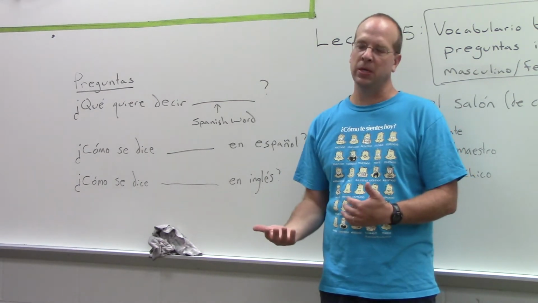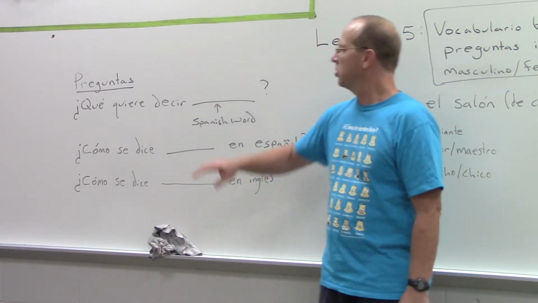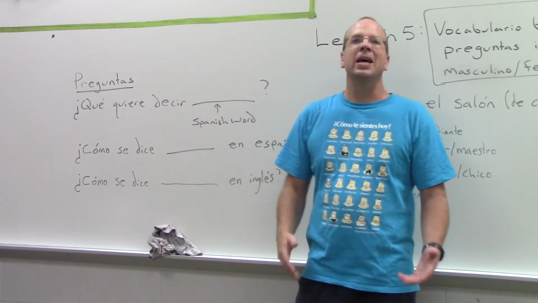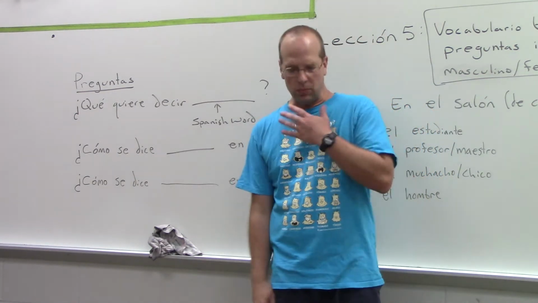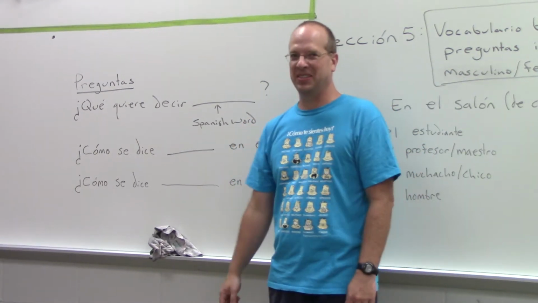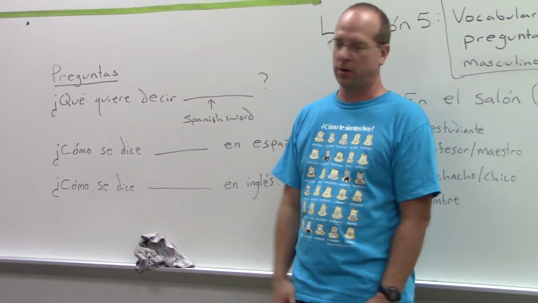We have the opportunity to turn that into a learning a Spanish opportunity. So you're going to say, ¿qué quiere decir? And you'll say, ¿qué quiere decir triángulo? And I'll say, triángulo means triangle. Okay? So, ¿qué quiere decir? And then you put the Spanish word that you want to learn.